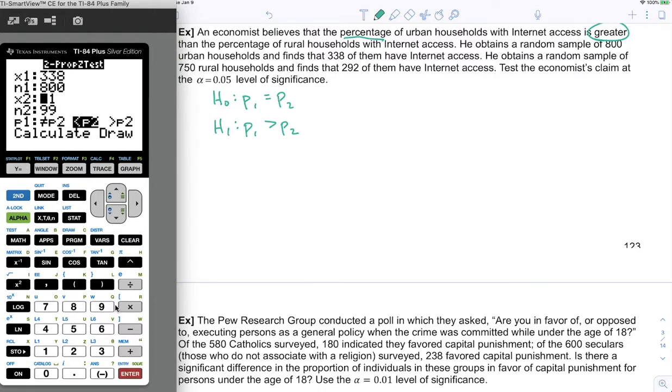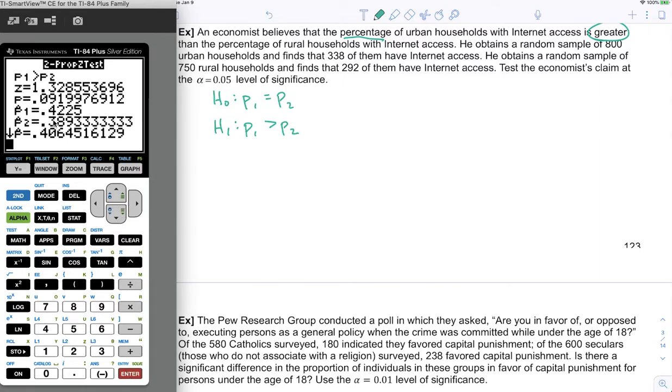For the rural households, 292 of them had internet access out of 750 households. Our alternative hypothesis was greater than, so I'm going to go ahead and change that to a greater than hypothesis. And then go down to Calculate so we can get our p-value.